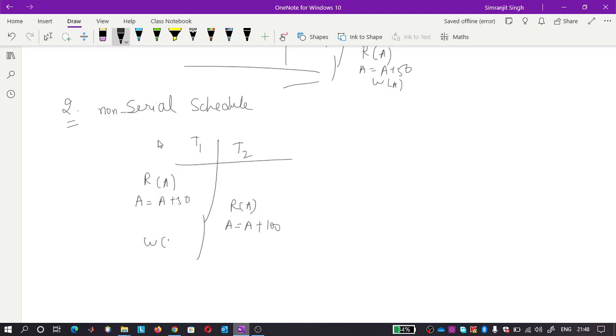And you're writing the value of A, and then you're writing the value of B. Okay. So again, if you're seeing here, conflict is there. This is a lost update problem, but again, it is not a serial schedule, because there is interleaving. You're leaving the transaction in between to move to another transaction. So it is referred to as a non-serial schedule because it is not following the properties of a serial schedule.